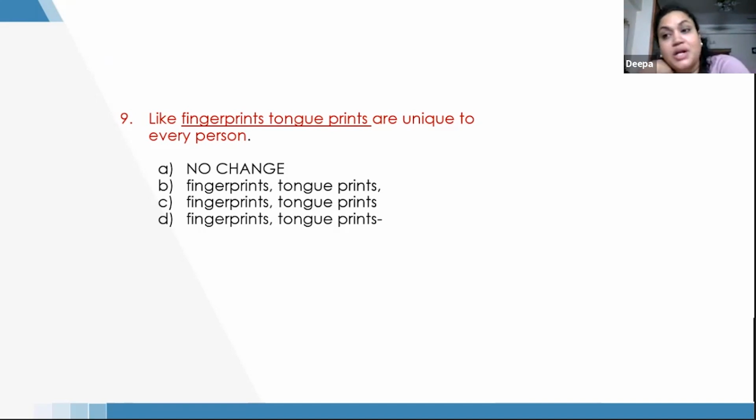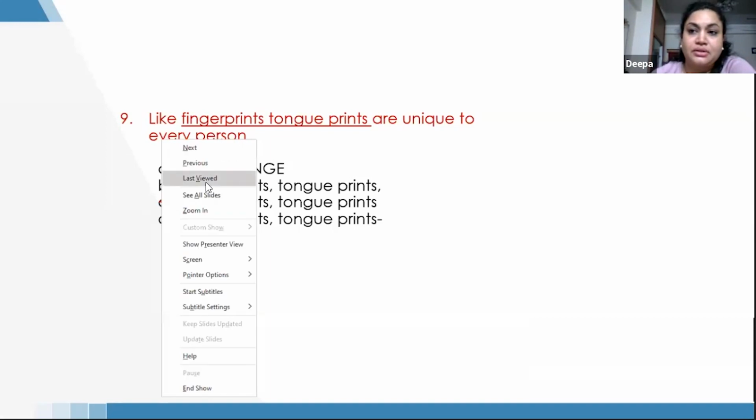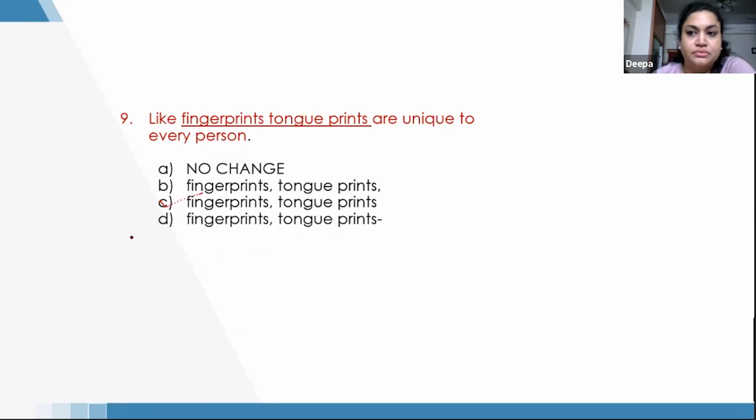So this is not a parenthetical element we're discussing. But at the same time, I'm comparing fingerprints and tongue prints. So therefore, we'll go with C. Clear?